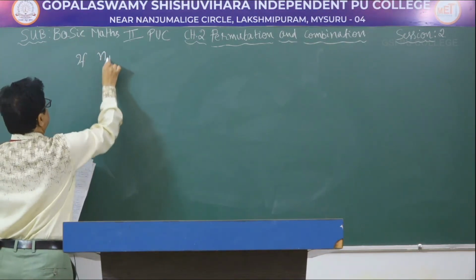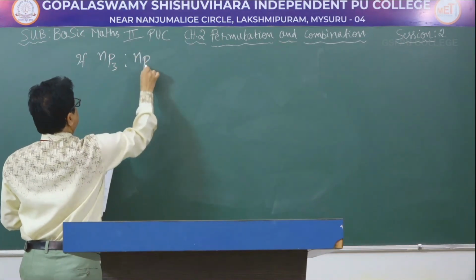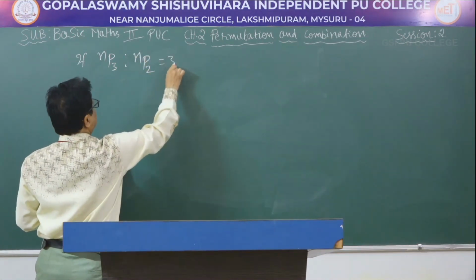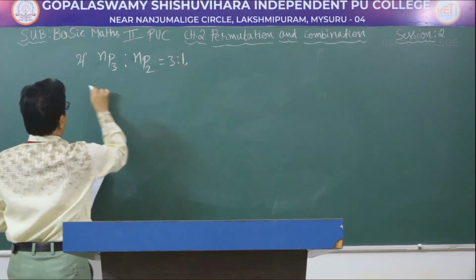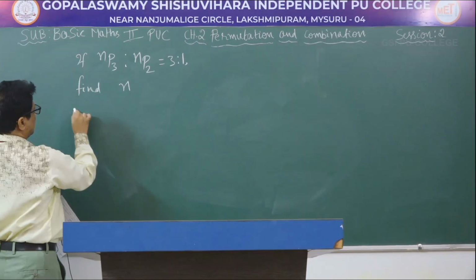If nP3 is to nP2 equals 3 is to 1, find n.